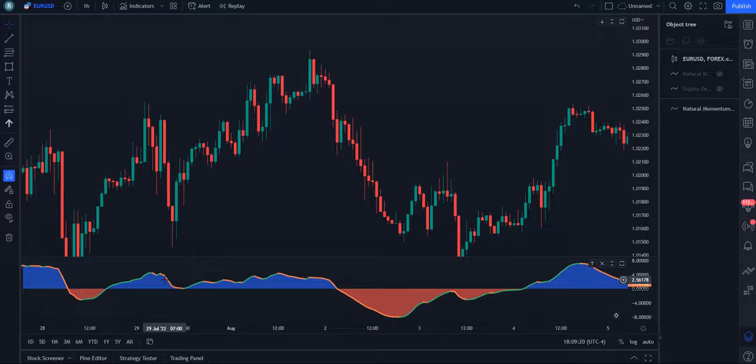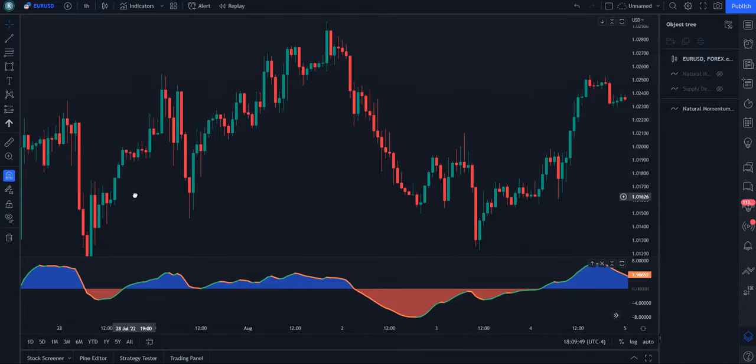So one way to interpret this: when you see a blue zone and a green line, especially as the green line is crossing above the zero line, you can expect more upside. That's basically what it's indicating, that the momentum is on the upside, the buy side.